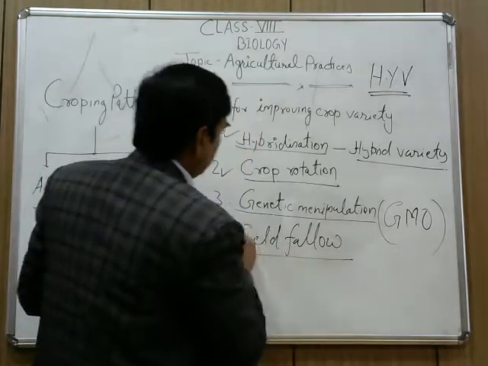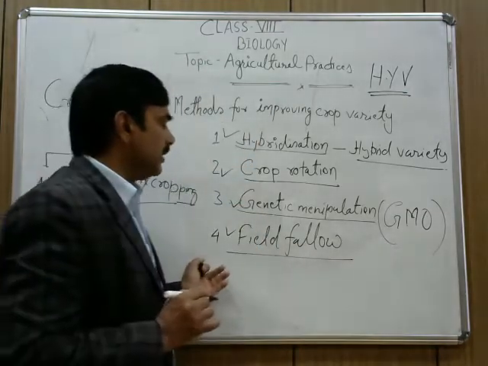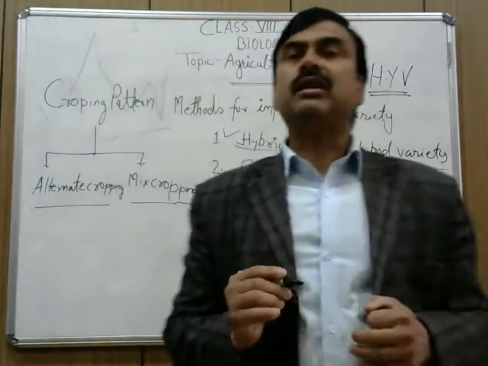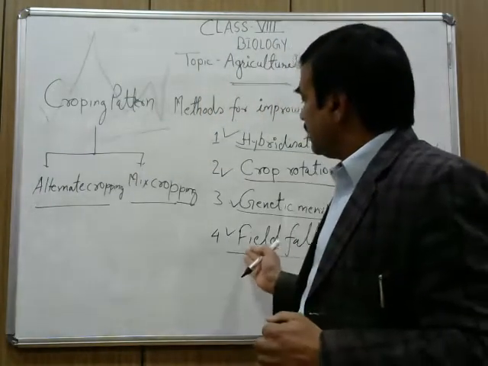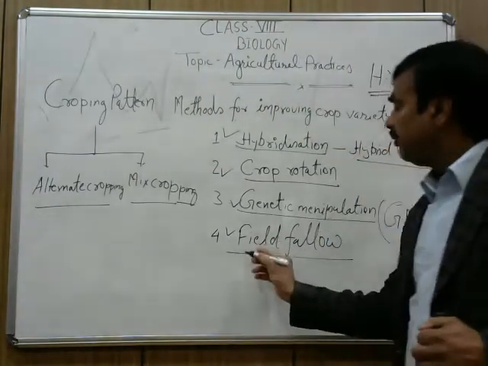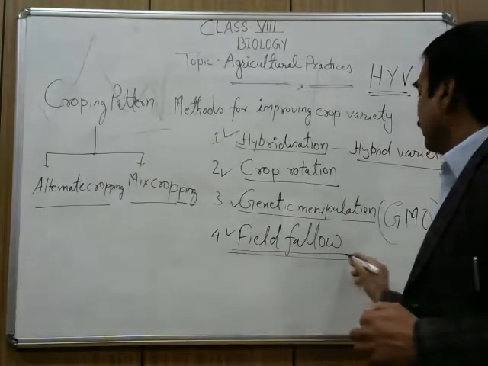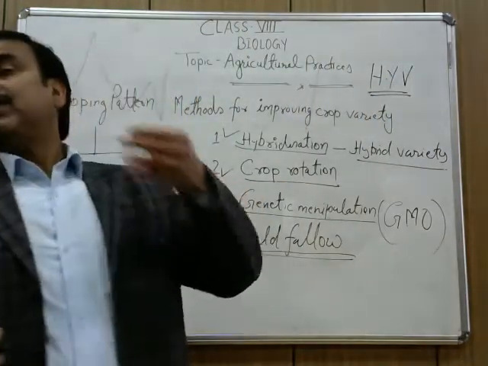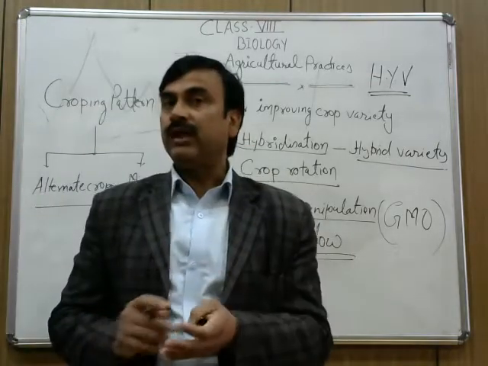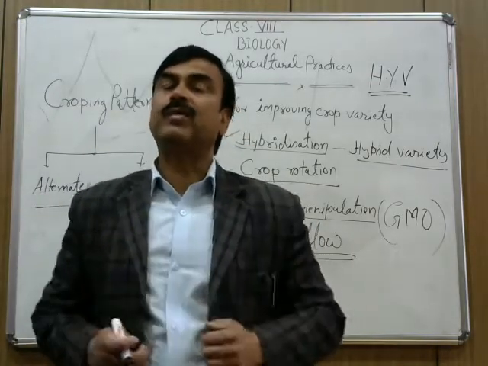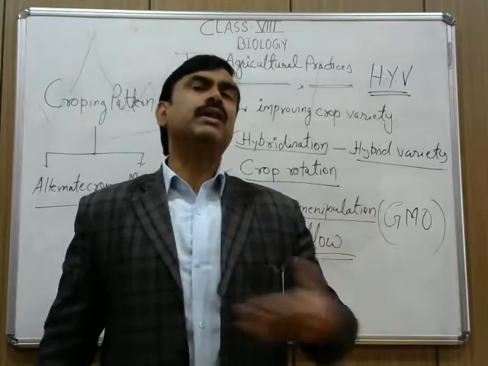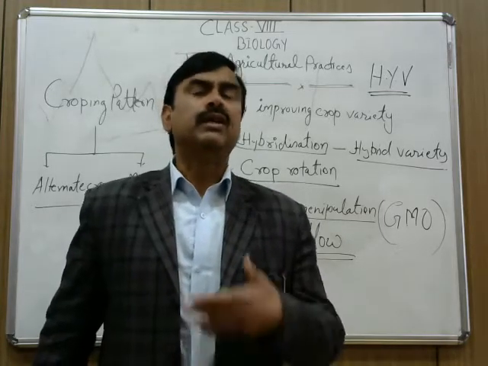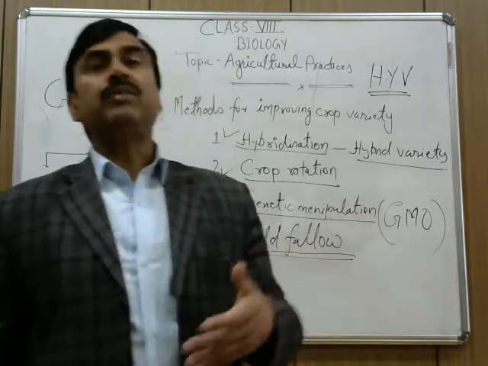Children, the fourth term is a little new for you, but it is very simple and easy. Field fallow means a 1 year gap. We should think that when we grow our crop continuously, we are not giving rest to that very field, that soil. That would not be good.